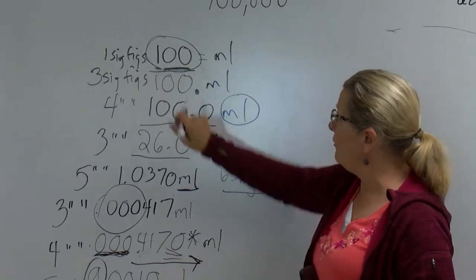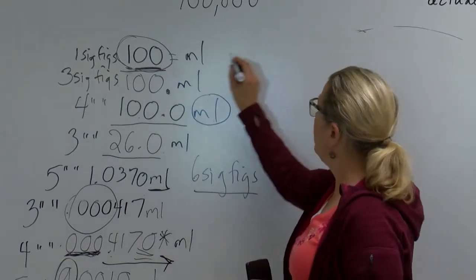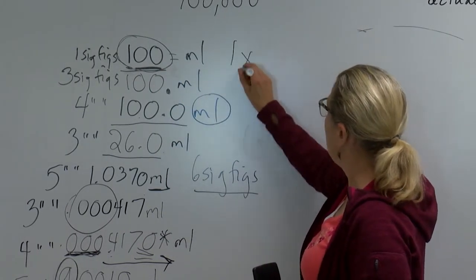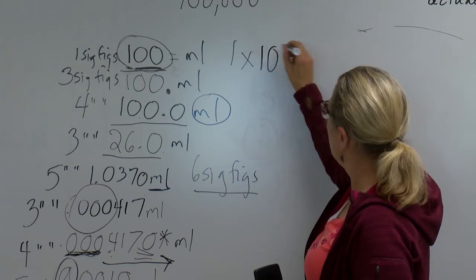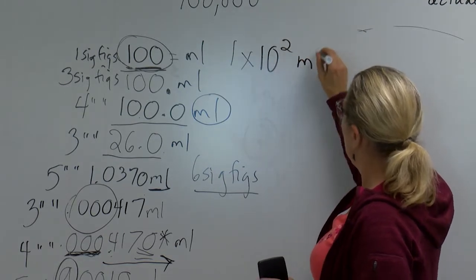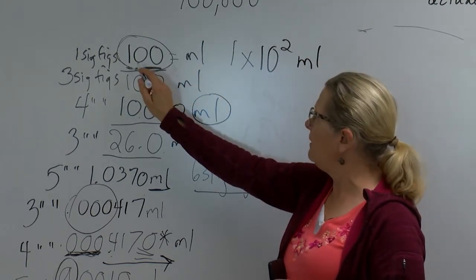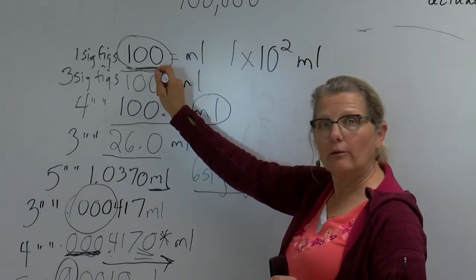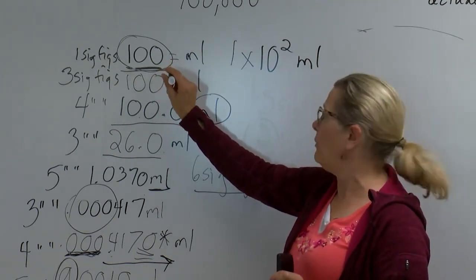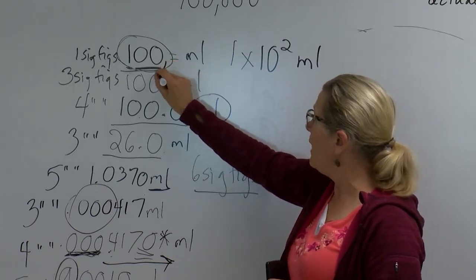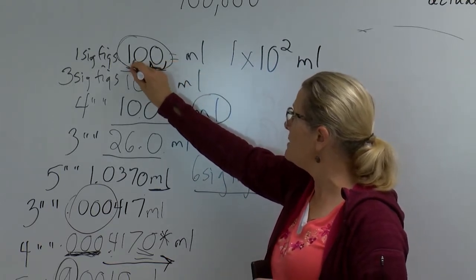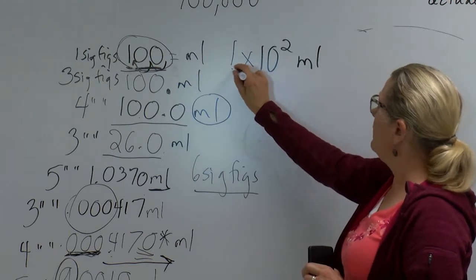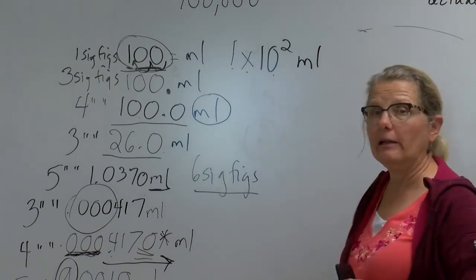This is 100. We would say 1 times 10 to the second milliliters. Why 10 to the second? Because theoretically the decimal is here. We know the number's not that accurate, so we didn't write the decimal. We go back 2 places, 1 times 10 to the second milliliter.